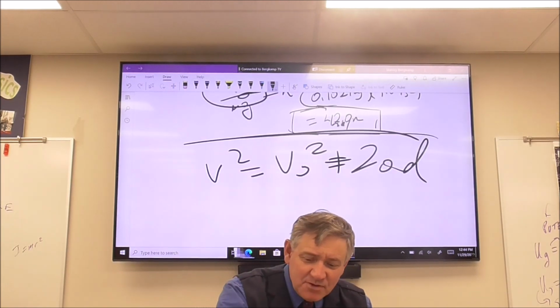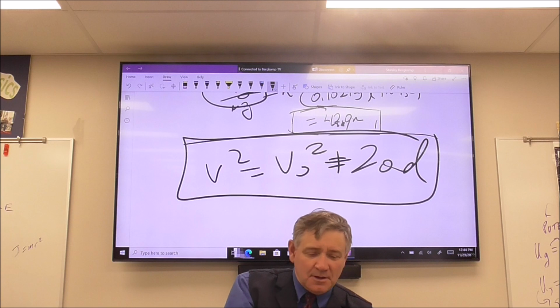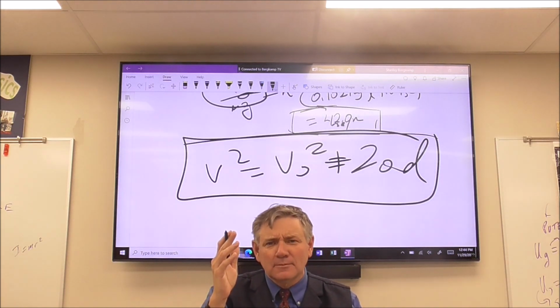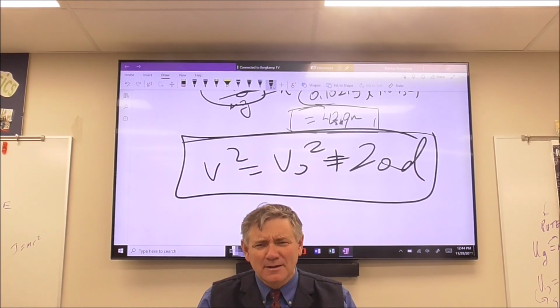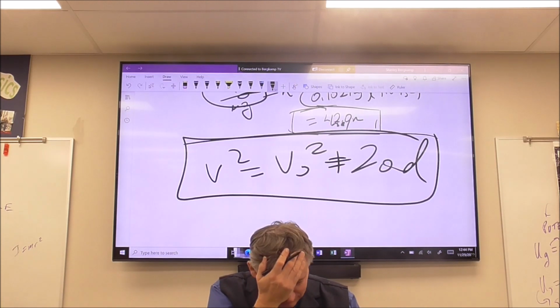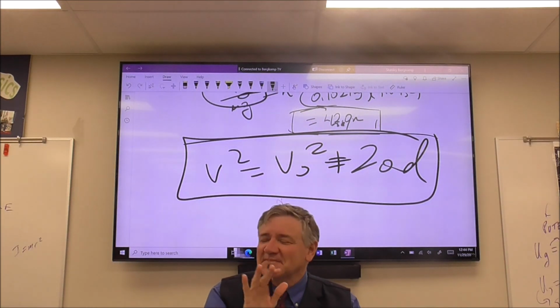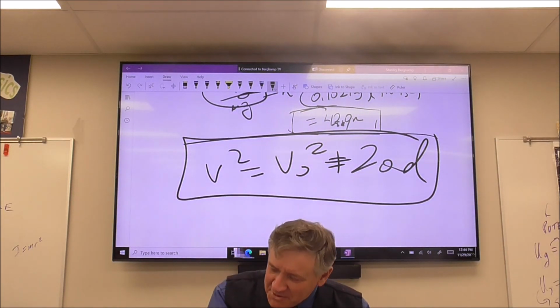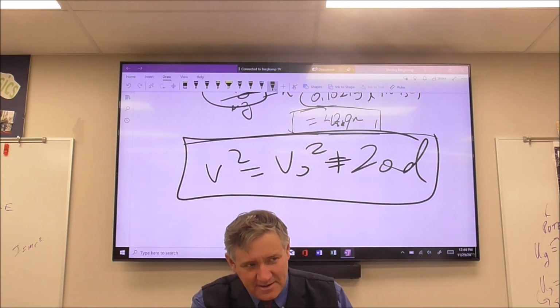So, the height is going to be the exact same. Because look, if you go to the old school kinematic equations, the mass doesn't matter.